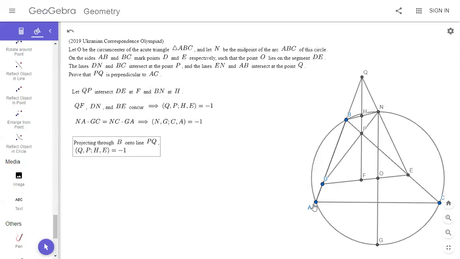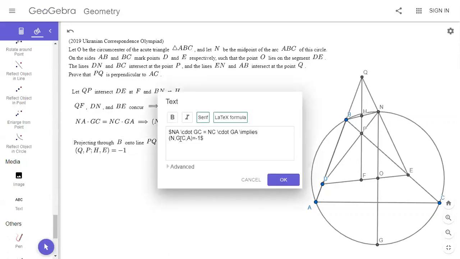So really we want A, C, N, G. All right, I like this, A, C, N, G. There we go.